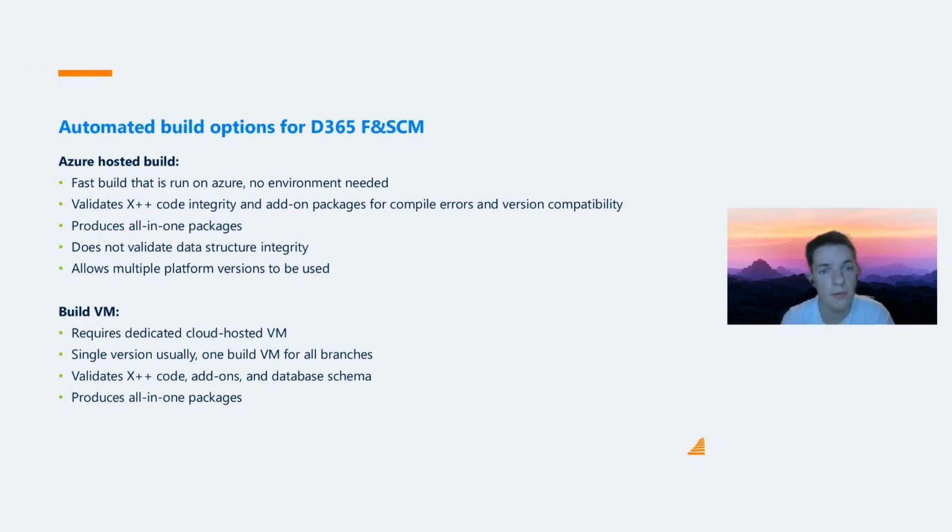It validates code integrity, validates add-on packages for compilers and for versions. It produces all-in-one packages for Dynamics 365, so we can take these packages and deploy them to acceptance testing, let's say.